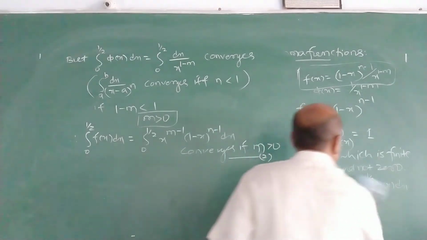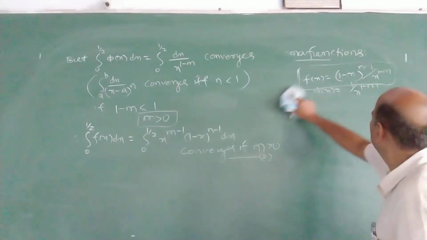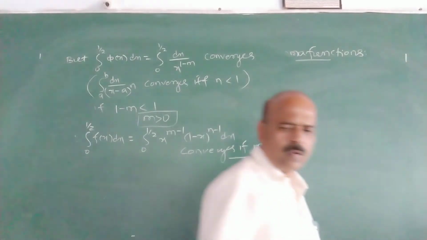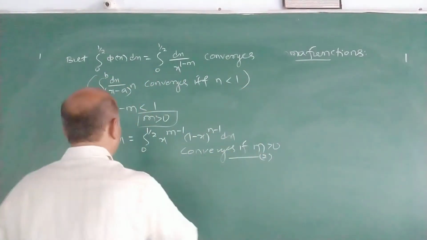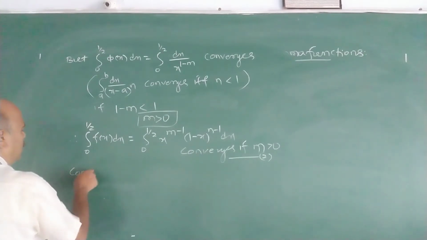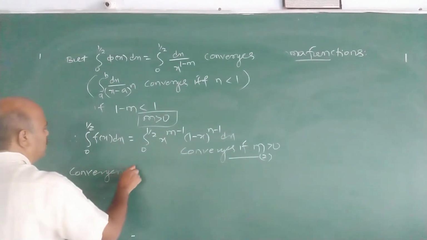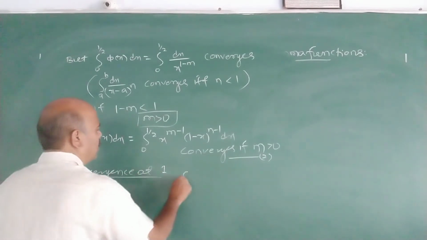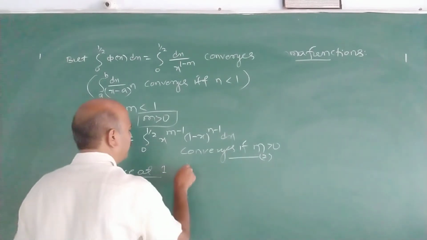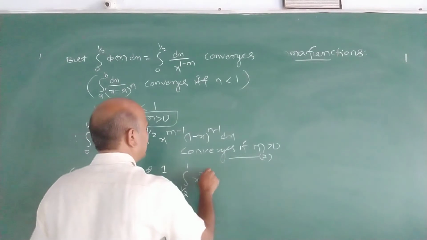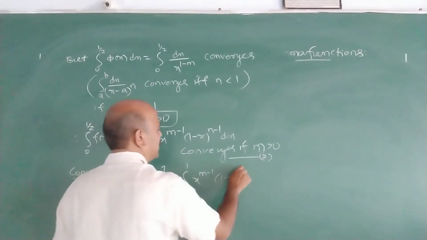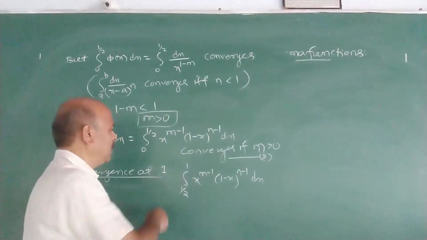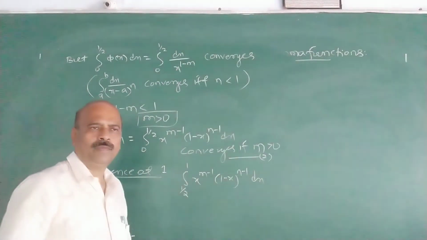Now convergence at 1. 1 is also a point of discontinuity. We consider the integral from half to 1 of x^(m-1)(1-x)^(n-1) dx. So we have written 0 to half, half to 1.